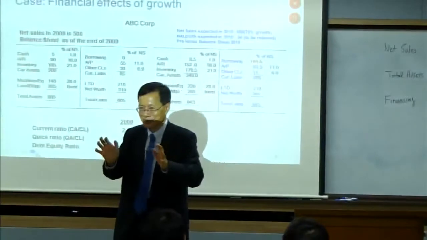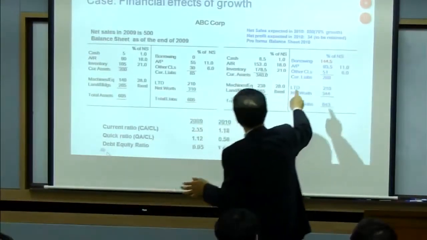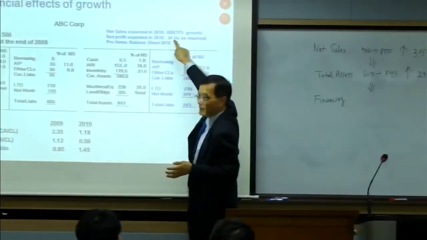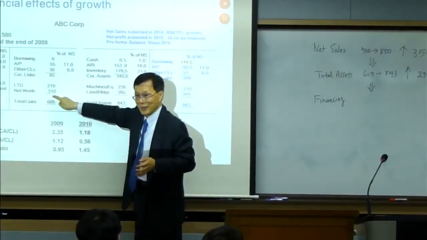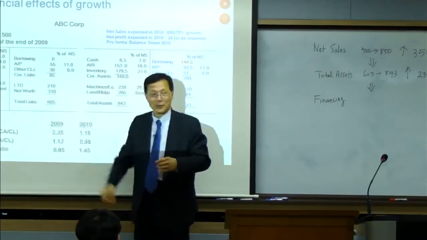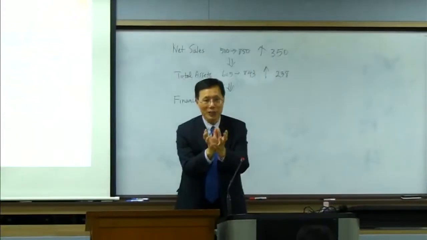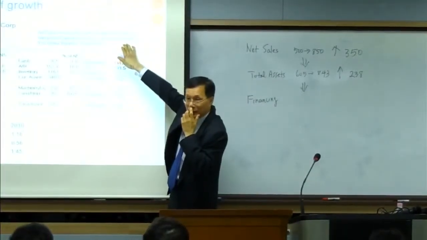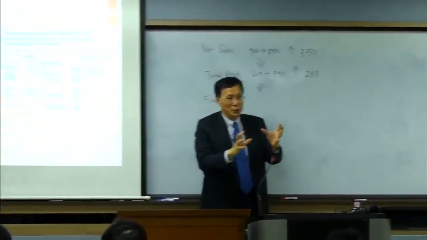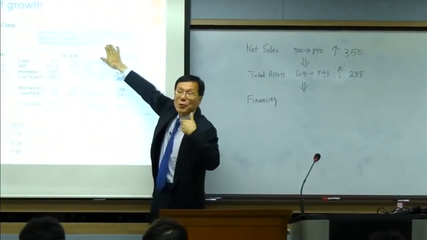Who wants to answer? Sora. 34 is added to this, right? So previous net worth, previous equity plus retained earnings. So equity position will become larger because of net profit being retained.